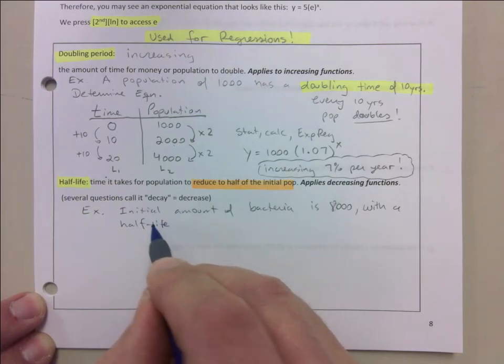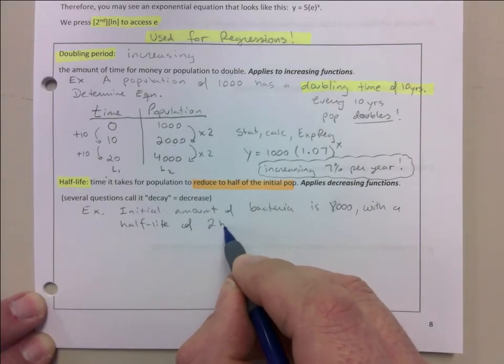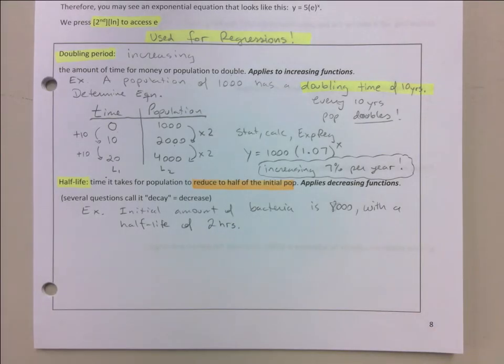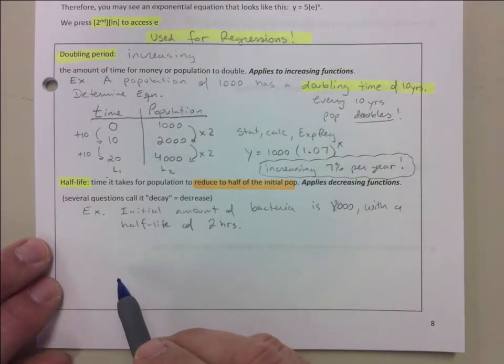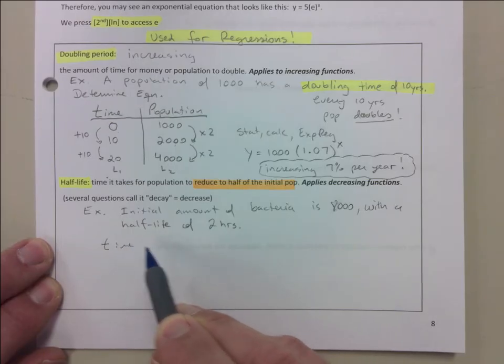With a half-life of, let's say, 2 hours. Again, time and population, bacteria in this case.